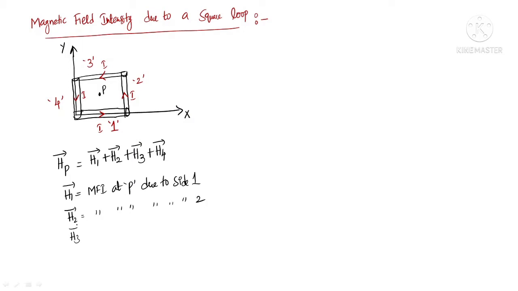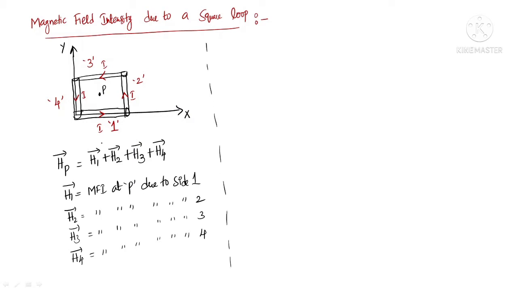Due to side 3 it is H3 bar, and due to side 4 it is H4 bar. If you find the field intensity due to each side separately at this point of interest P and add them together, you will get the total field intensity due to all the sides.